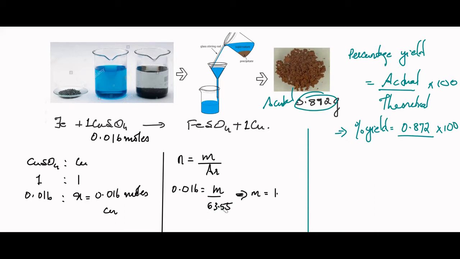When I'm cross multiplying, M is equal to 0.016 times 63.55. I'll be getting the mass equal to 1.02 grams.